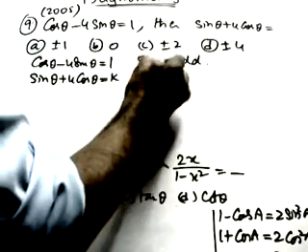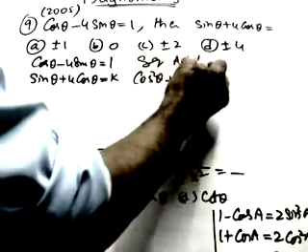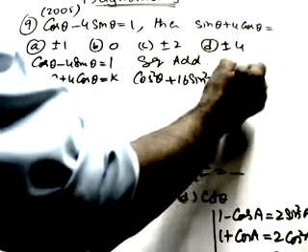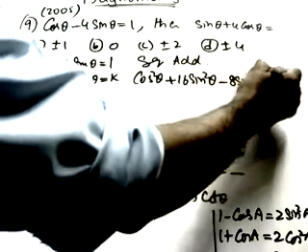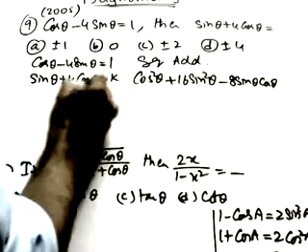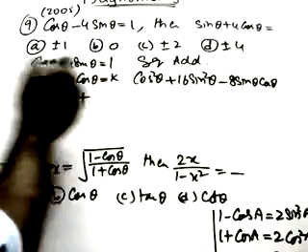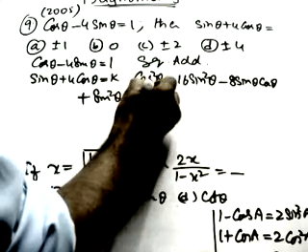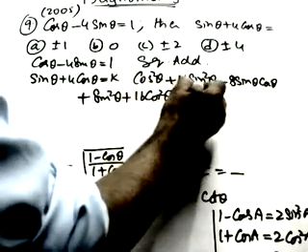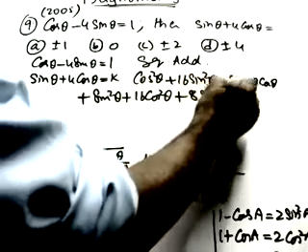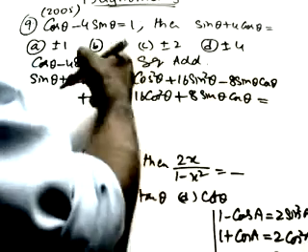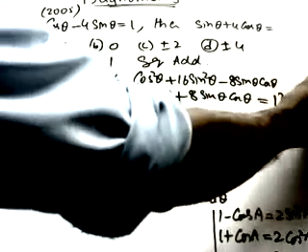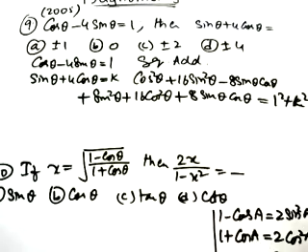Now square this one. a minus b whole square is a square plus b square minus 2ab: cos theta minus 4 sin theta squared gives cos square theta plus 16 sin square theta minus 8 sin theta cos theta. Now square the other one: sin square theta plus 16 cos square theta plus 8 sin theta cos theta equals 1 square plus k square.